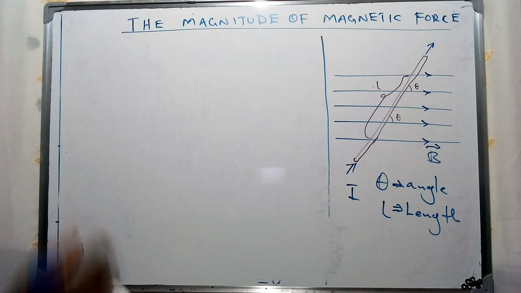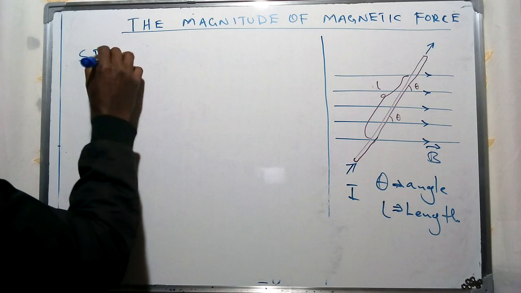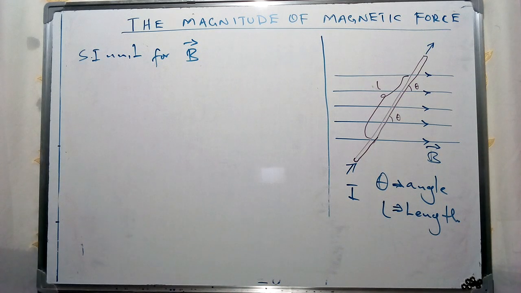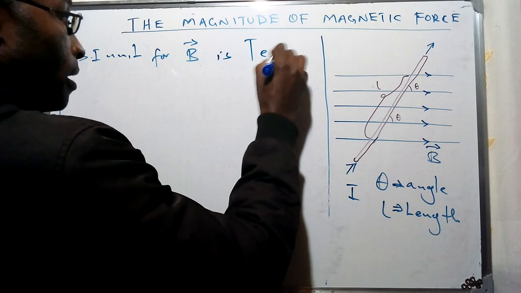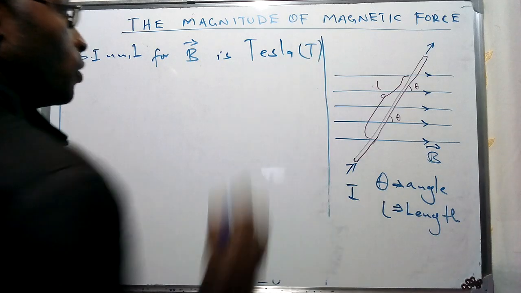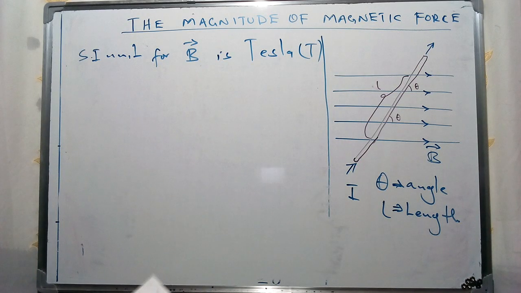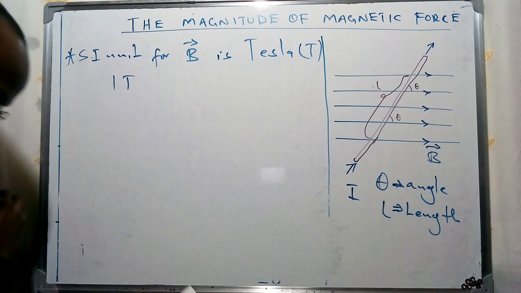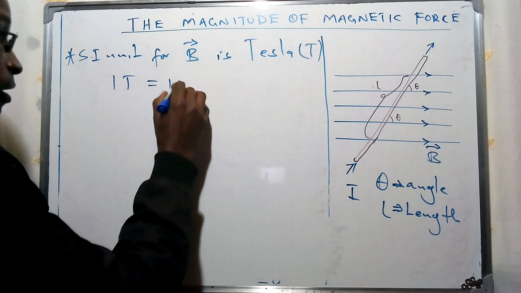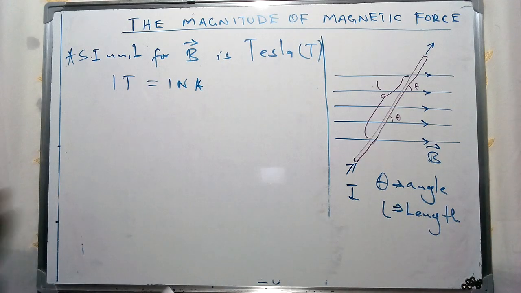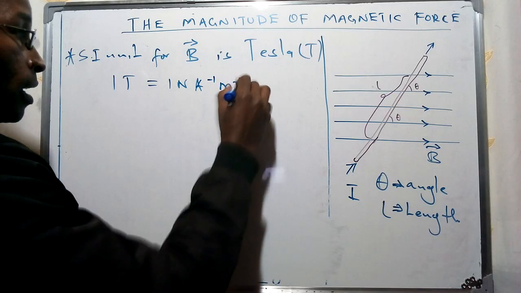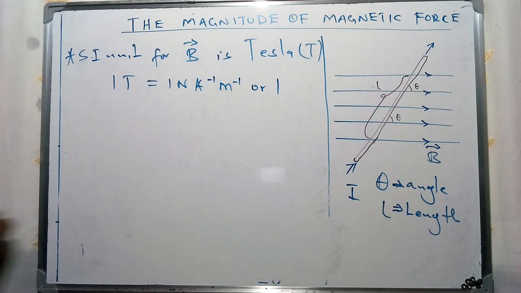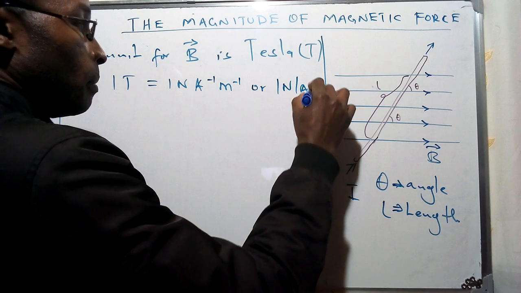Now, in this case, the SI unit for the magnetic field is referred to as Tesla, and this is given as capital T. We're going to see that 1 Tesla is equivalent to 1 Newton per Ampere per meter.